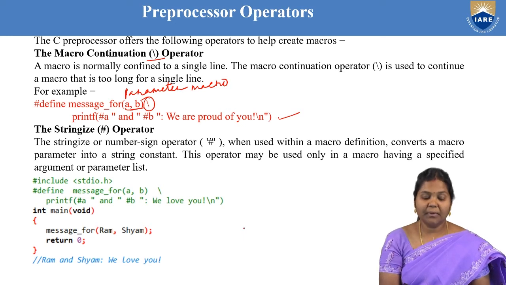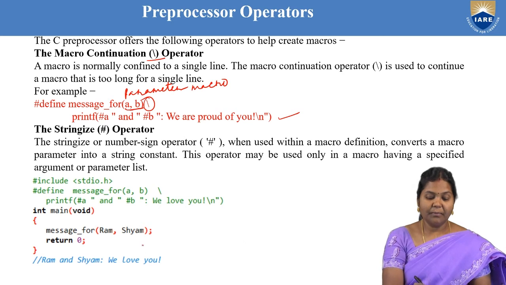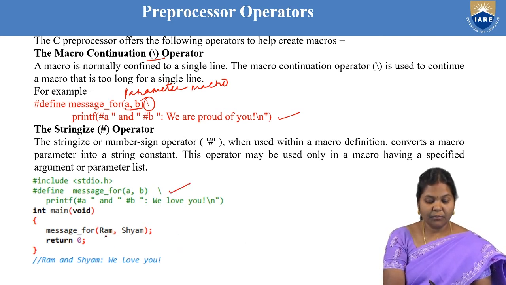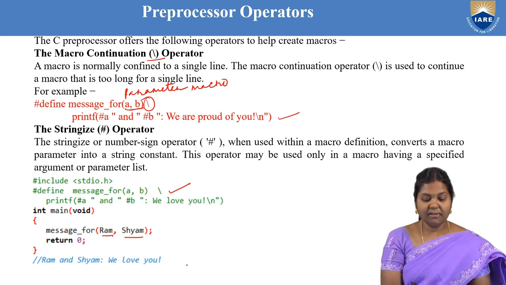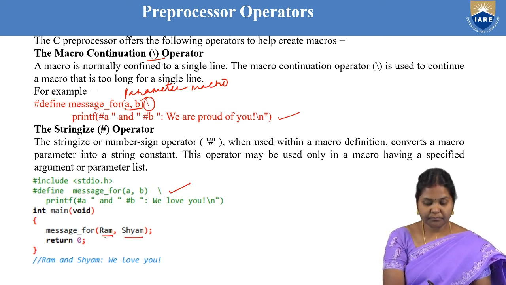Then the next operator is called the stringize operator. This operator, the stringize or number sign operator, when used with the macro definition, converts a macro parameter into a string constant. So how to do it? Let us check. For example, you have defined a macro where we want to use the stringize operator.